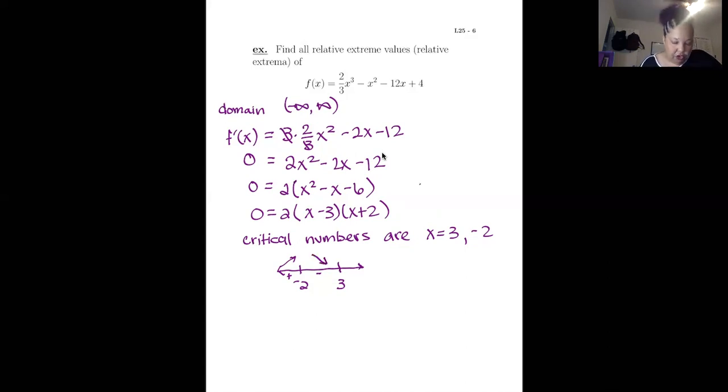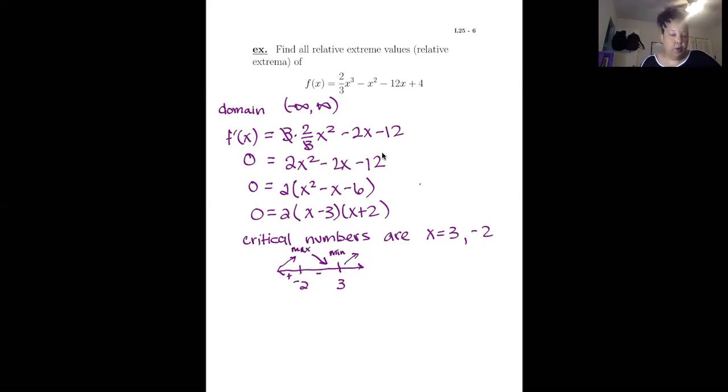And then something larger than 3, let's say 4, I get something positive times something positive, which is increasing. All right, so I know it switches from increasing to decreasing at negative 2, so there's a max here, and it switches from decreasing to increasing at 3, so there's a min there.